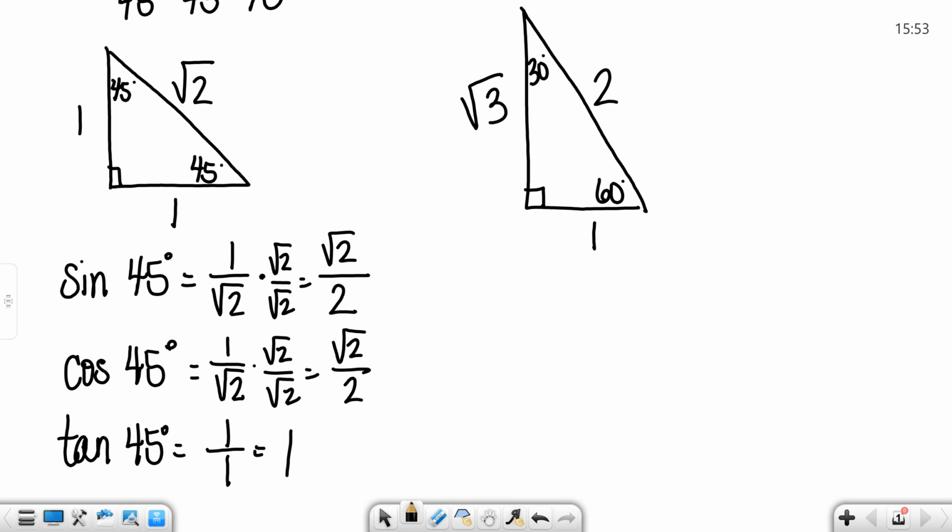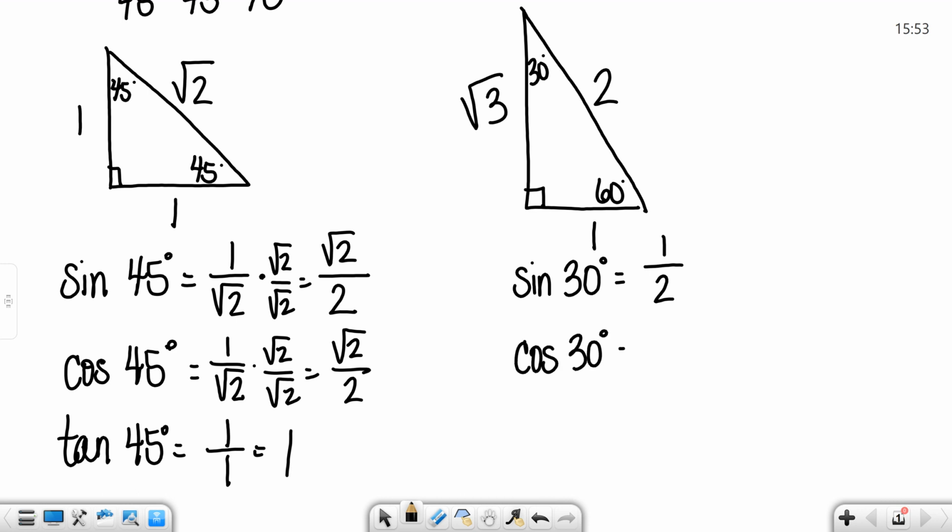The table on page 564 gives you these values. You can either memorize those values, or the triangle that helps you get there, or I'll show you a hand trick in a little bit. Let's go on to 30 degrees and 60 degrees. Starting with 30: opposite of 30 is 1, the hypotenuse is 2.